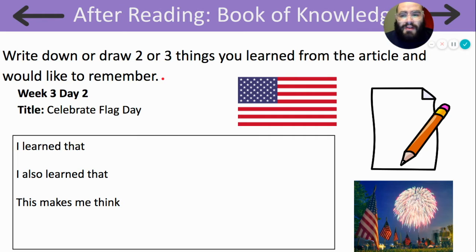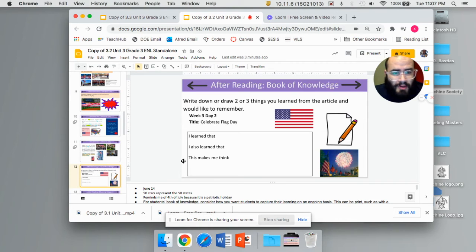Now take out your book of knowledge and write down or draw 2 or 3 things you learned from today's article. Go ahead and do that now. I'm going to go back to my article a day to look for some evidence of what I learned today.